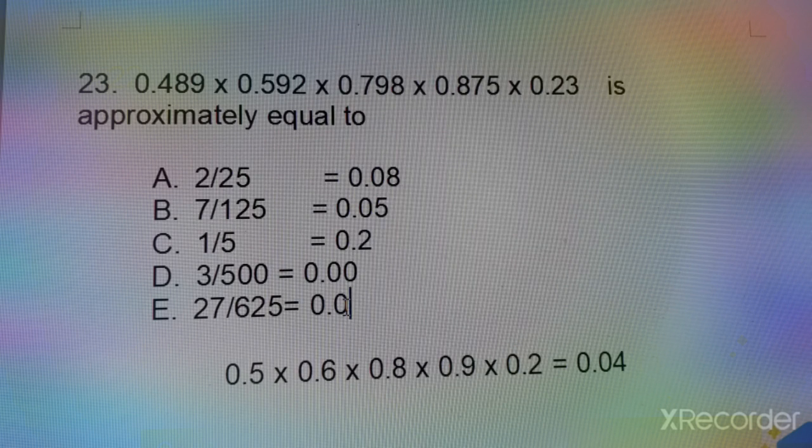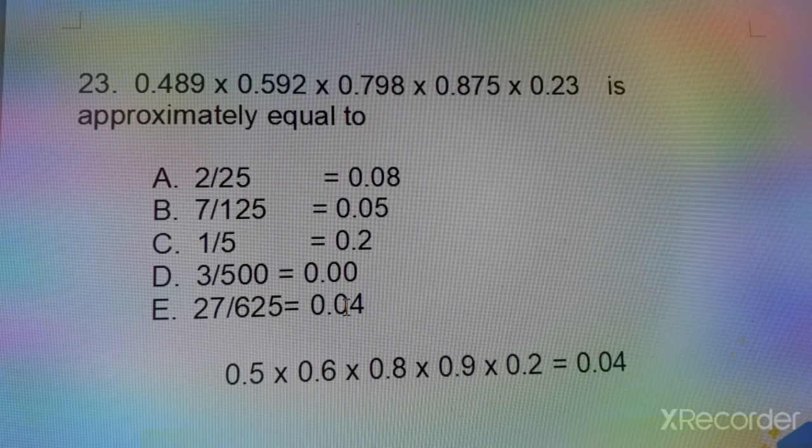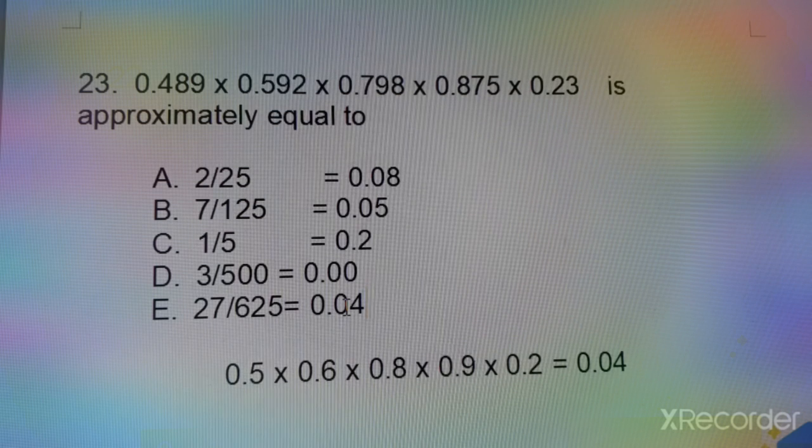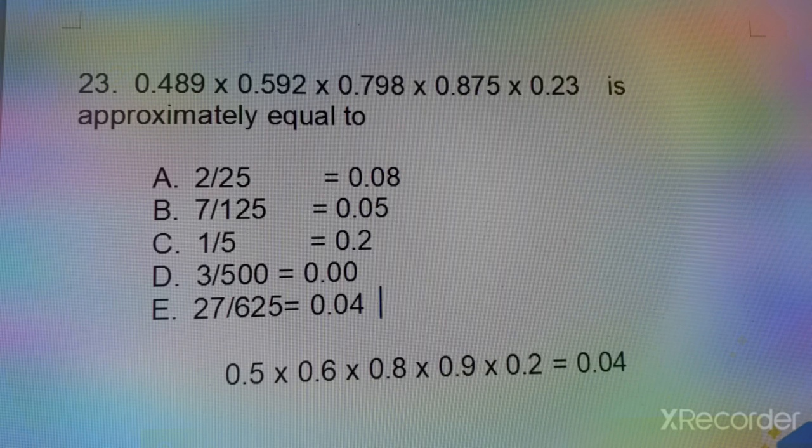So 27 divided by 6 is 4, because it's not 5, since 6 times 5 is 30. So 0.04. So your letter E is approximately equal to the answer here, 0.04. So letter E is the correct answer.